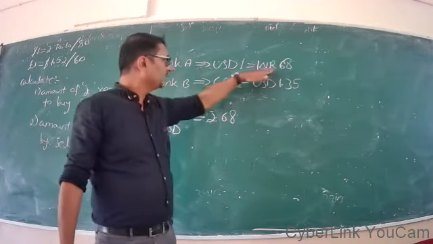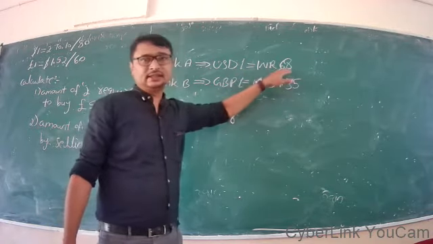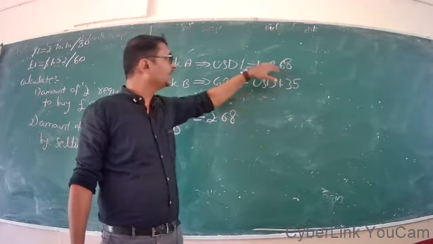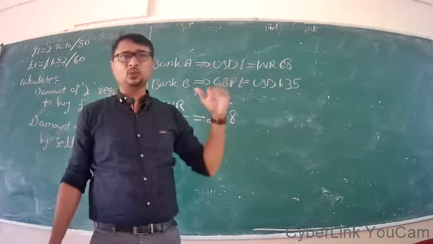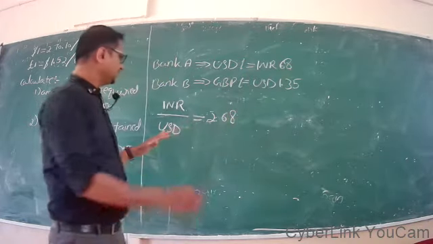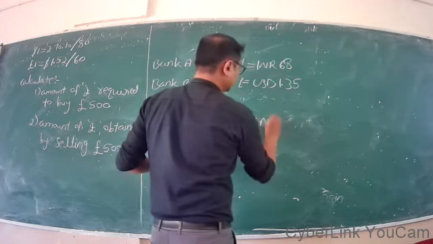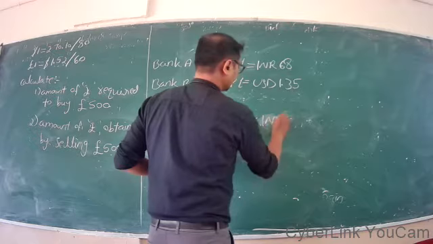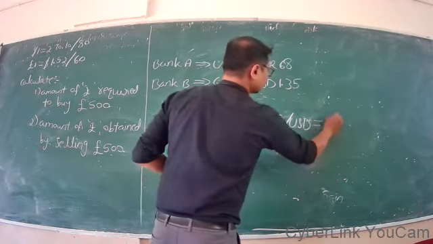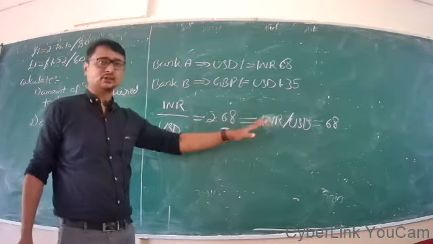They have given in the quotation that US dollar 1 is equal to INR 68. That means rupees 68 is the INR per US dollar. Per 1 US dollar, Indian rupee is 68. This can also be rewritten as INR per USD is equal to 68. We can write this quotation like this also.